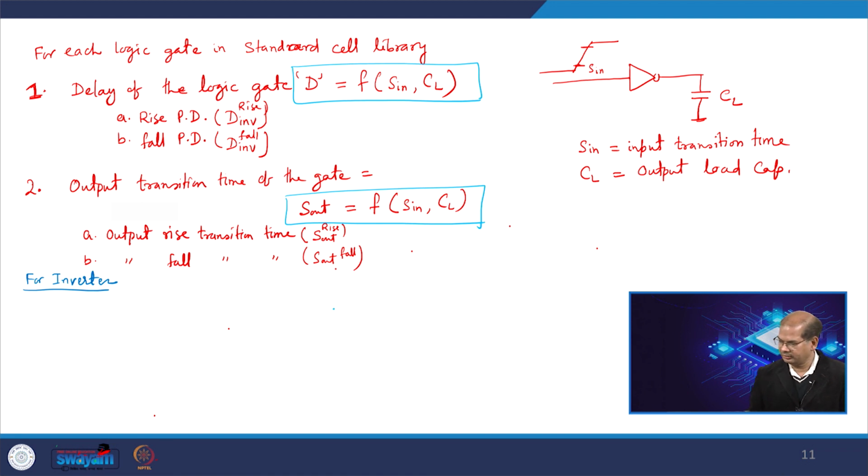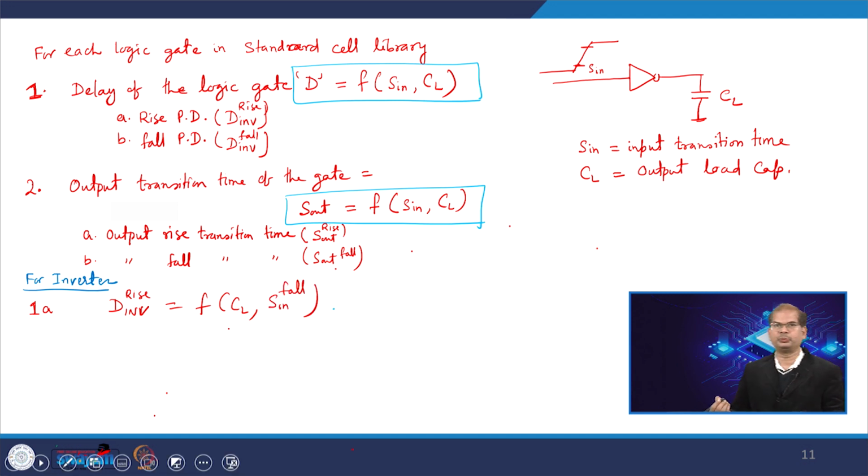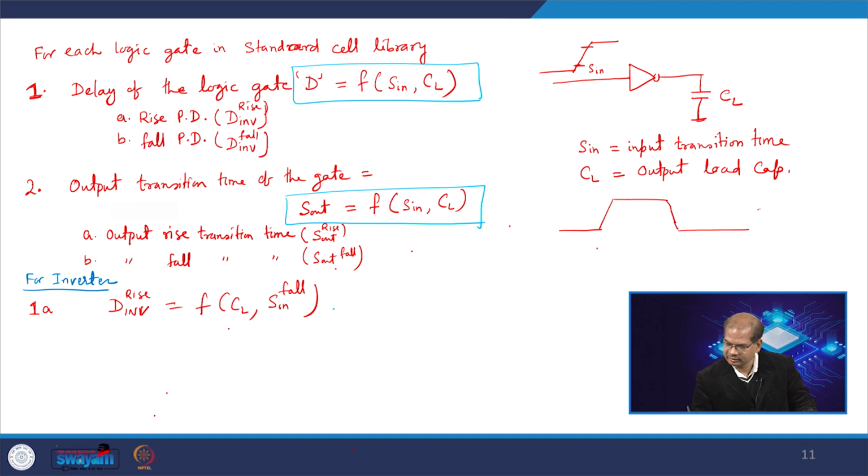If I consider an inverter, the first one, D INV rise, is a function of CL comma S in fall, because my output rise propagation delay will depend upon the input fall transition time. Why is this the case? Let us say this is my input, this is in and this is out.